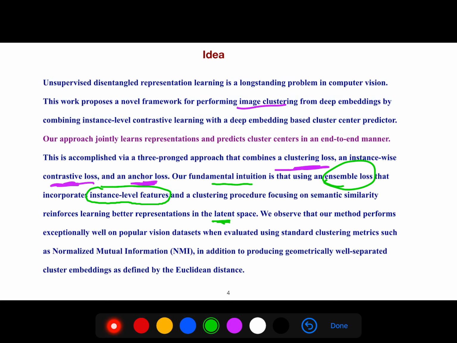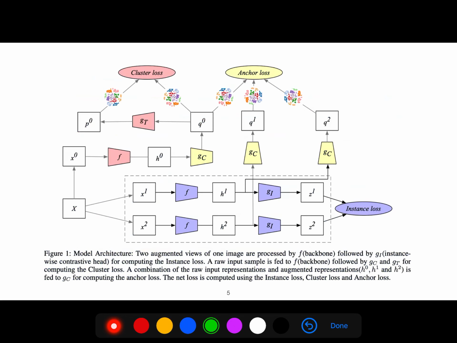We observe that this method performs exceptionally well on popular vision datasets when evaluated using standard clustering metrics such as normalized mutual information, in addition to producing geometrically well-separated cluster embeddings as defined by the Euclidean distance.